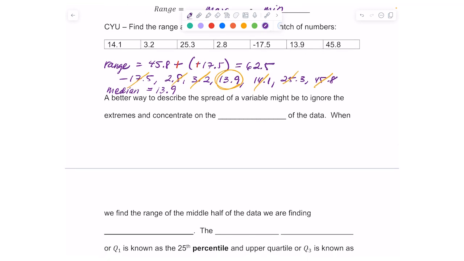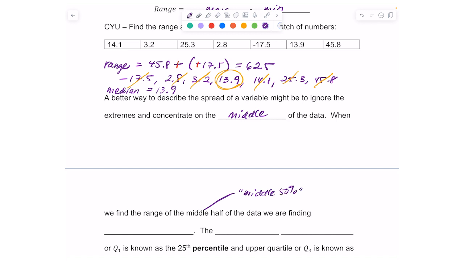Another way to describe the spread of a variable might be to ignore the extremes and concentrate on the middle of the data instead. And when we find the range of the middle half of the data, when we say middle half, we're referring to the middle 50%.